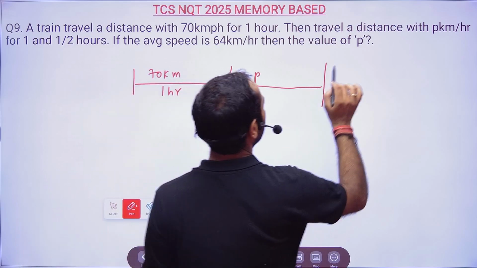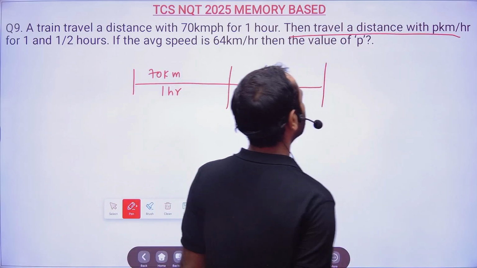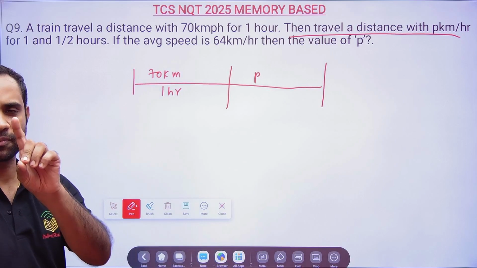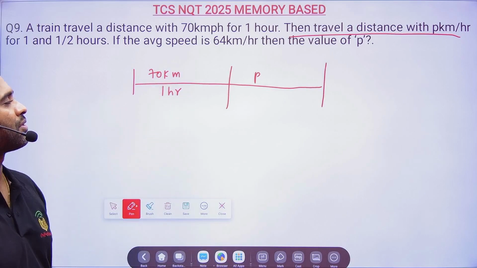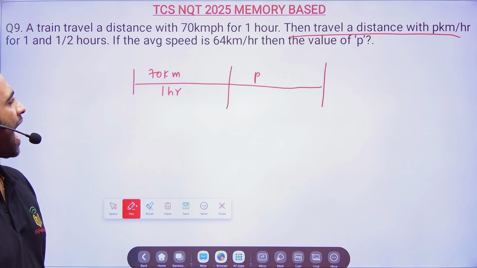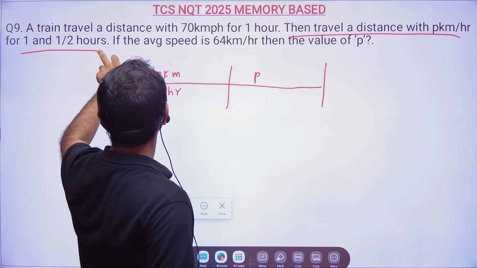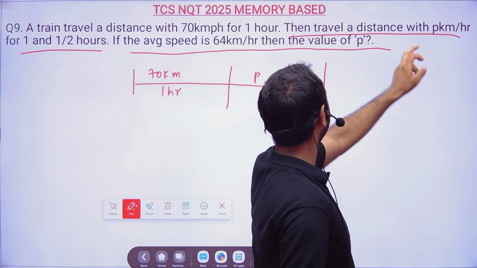Now here friends, you see the distance which is traveling with p km per hour, that means in 1 hour it will be able to travel p km, right? So they are asking for 1.5 hours, if the average speed is 60 km per hour, then the value of p.